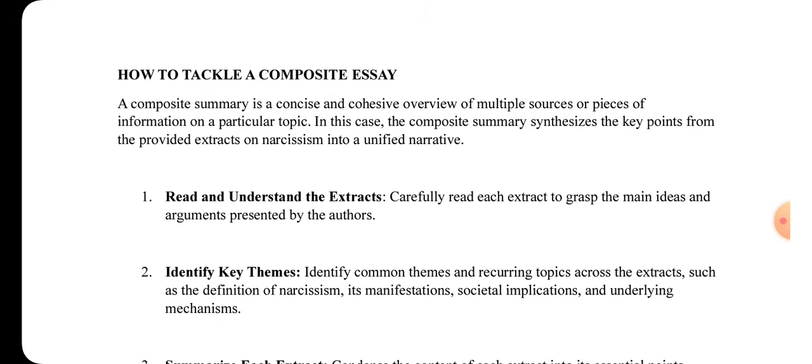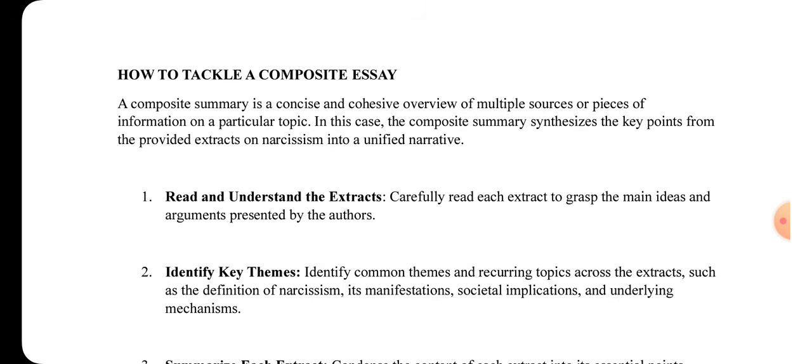A composite summary is a concise and cohesive overview of multiple sources or pieces of information on a particular topic. In this case, a composite summary synthesizes key points from the provided extracts on narcissism into a unified narrative. So a composite summary should be in one paragraph.